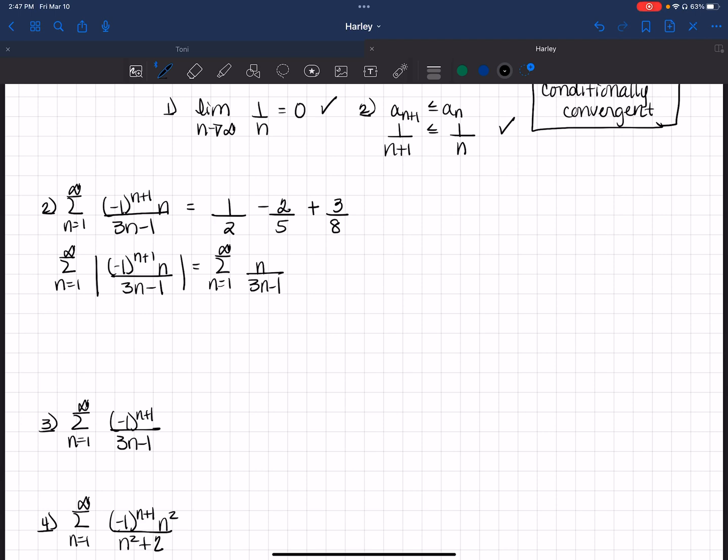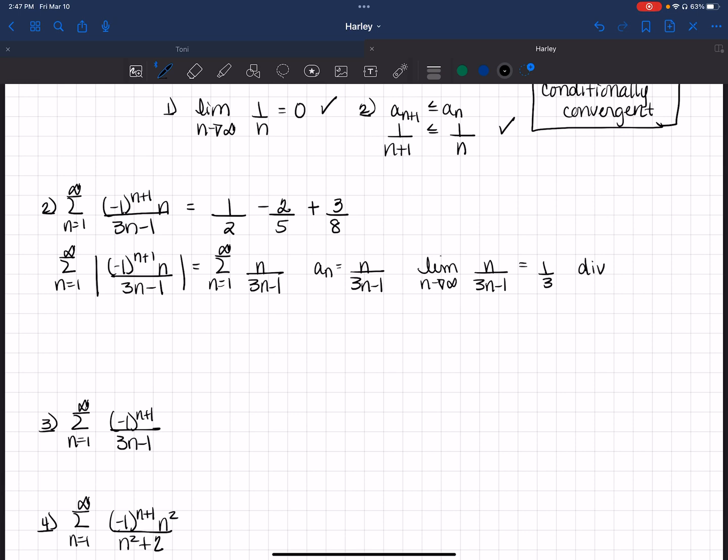Now here's where I'm going to use that nice little divergence test that I talked about, where I can take the limit of a of n, because I have now determined that a of n equals n over 3n minus 1. I can take that limit, and if it doesn't equal 0, then I know it's going to diverge, okay? So the limit as n approaches infinity of n over 3n minus 1 is going to equal 1/3.